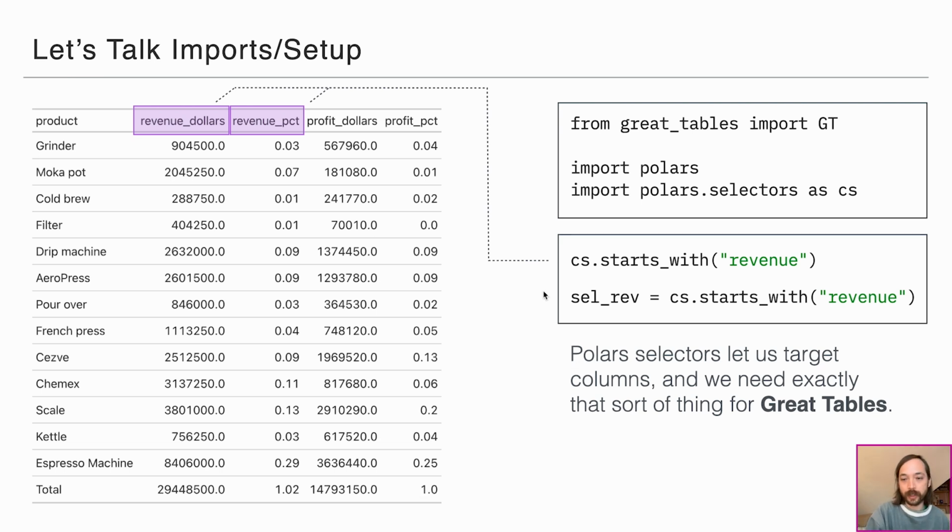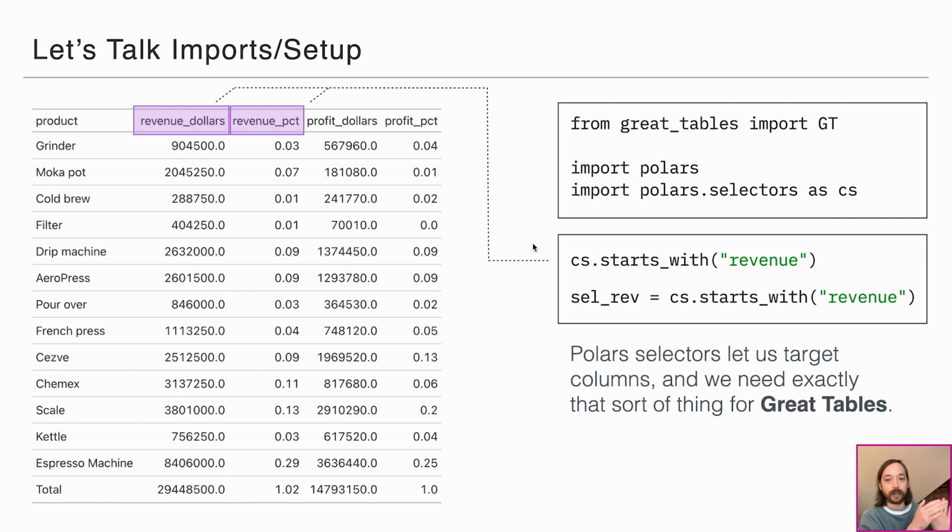So the first is Great Tables works really well with polars. If you've never used it, polars is a data frame library for Python that's really taking off and has a really good API design that makes it easy to work with. Great Tables also works with pandas, but we'll use polars for all our examples in our code. And one thing you need to know is that polars has a neat concept called selectors.